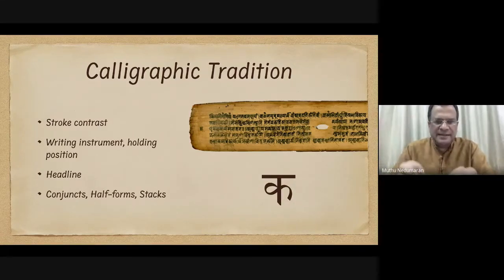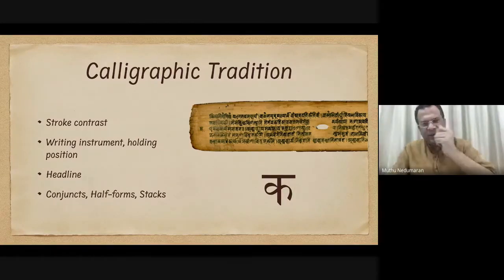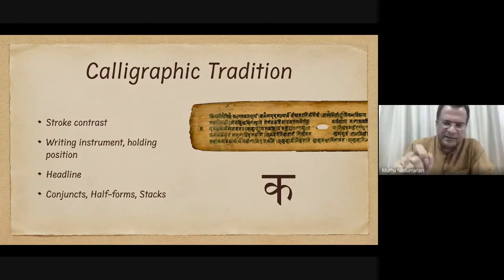You see these letters having a contrast. There are lines that are thick, there are lines that are thin. And the way you move the pen as you write the letter determines which stroke becomes thin and which stroke becomes thick.